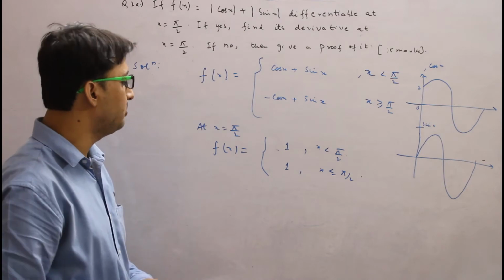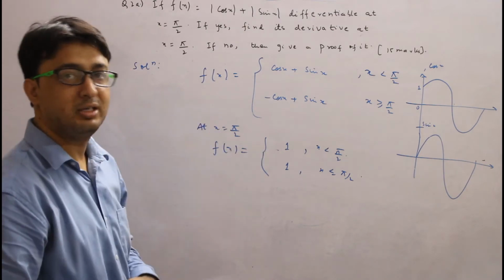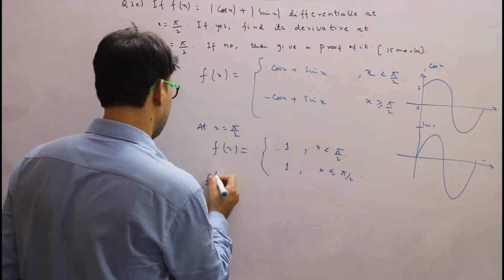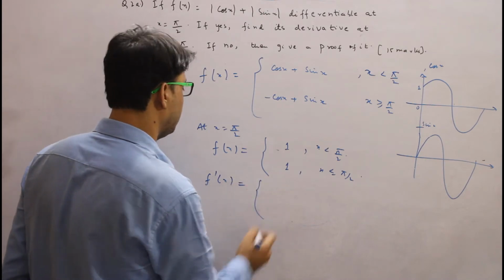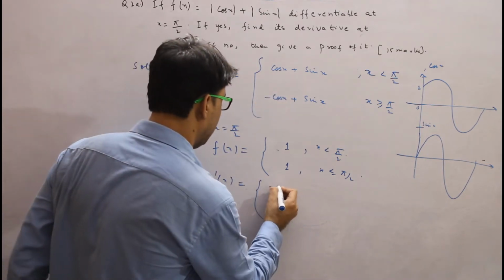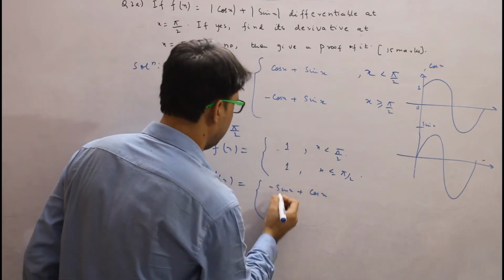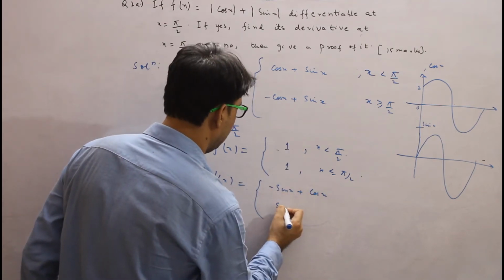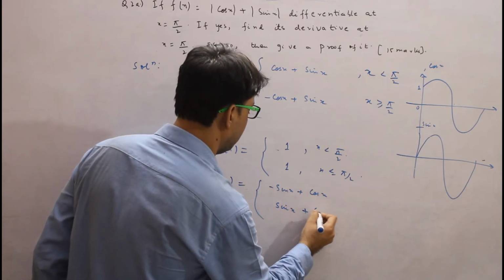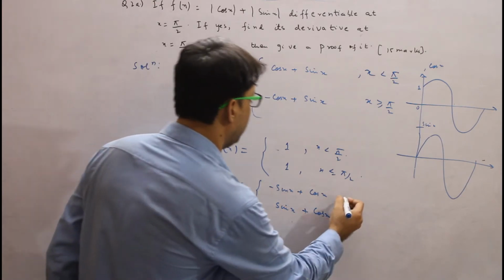Now our other approach is to go for differentiability. So we are going to take the derivative of f of x. So this is how much? Minus sin x plus cos x. This is again sin x plus cos x. Alright.